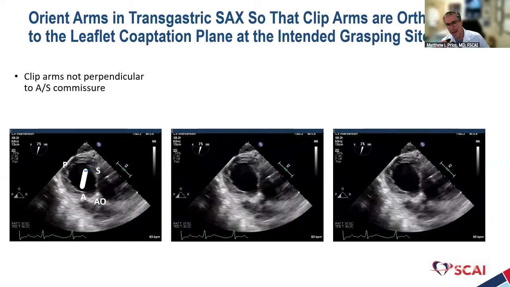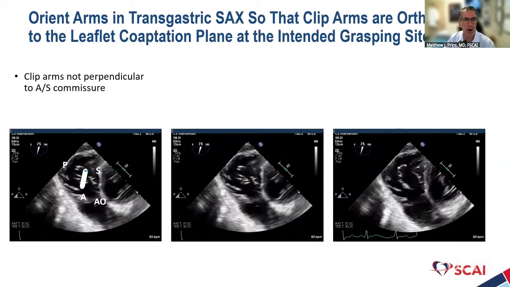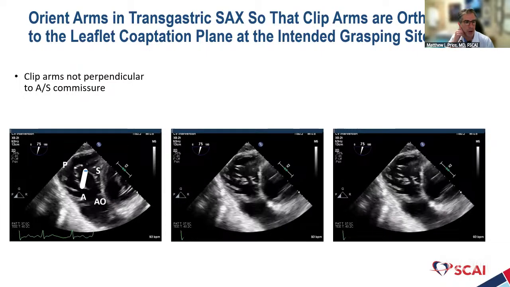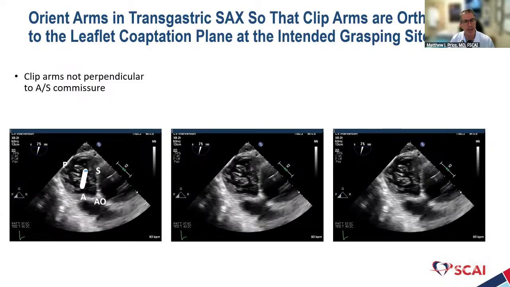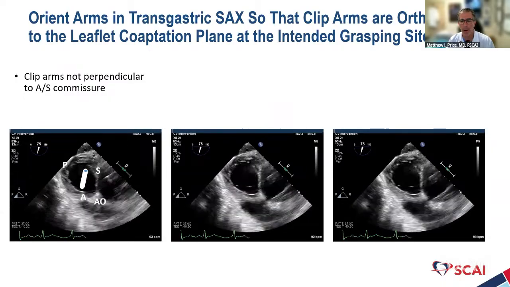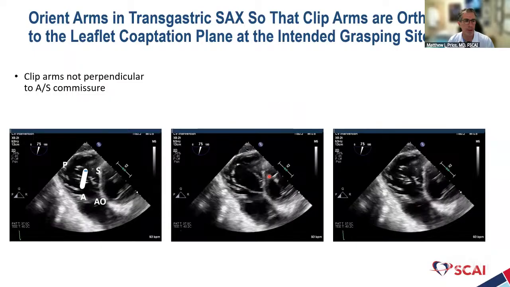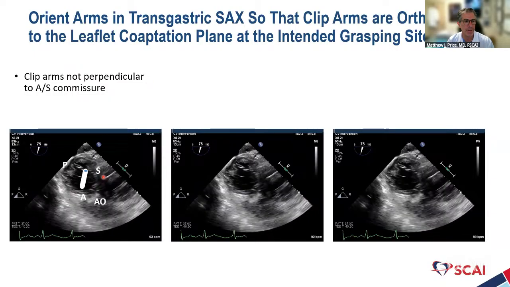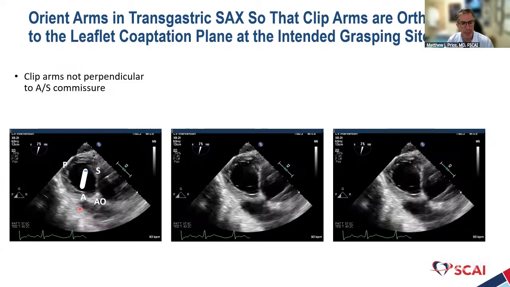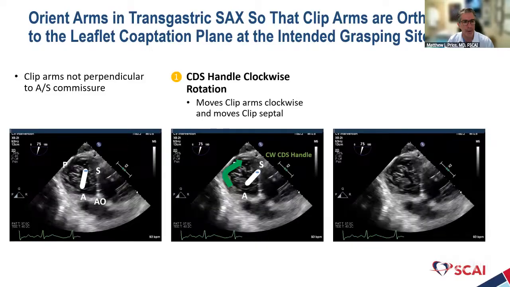The other thing is to make sure that you are orthogonal to the plane of the leaflet coaptation. We do this orientation almost always in the transgastric or an MPR view. And now we're above the leaflets. Our arms are open. We like our trajectory. But you see here, if I'm going for the septal and anterior leaflets, I want my clip to be slightly clockwise rotated. So what you do there is you clockwise rotate the handle.